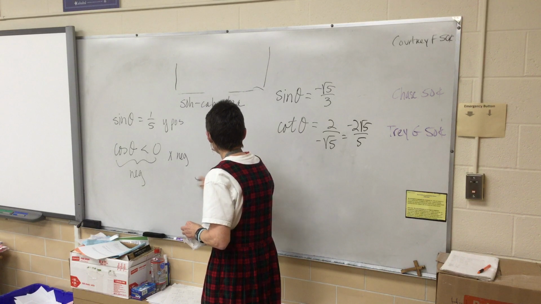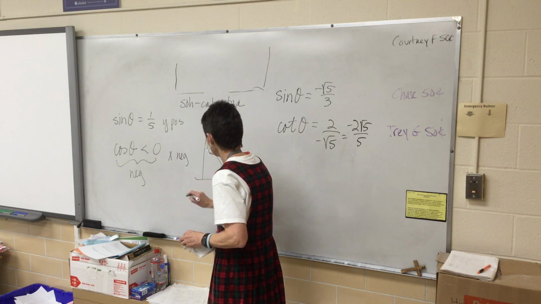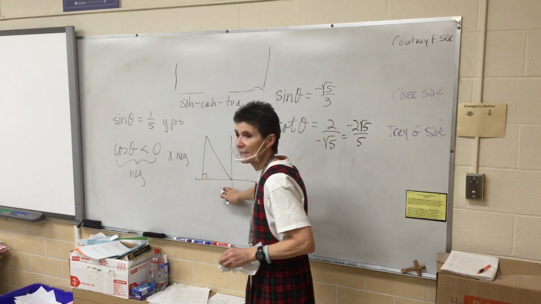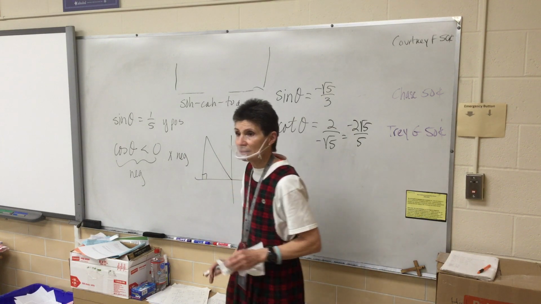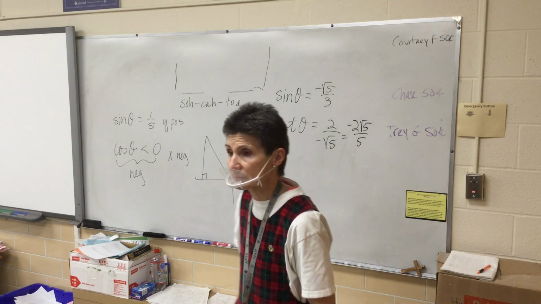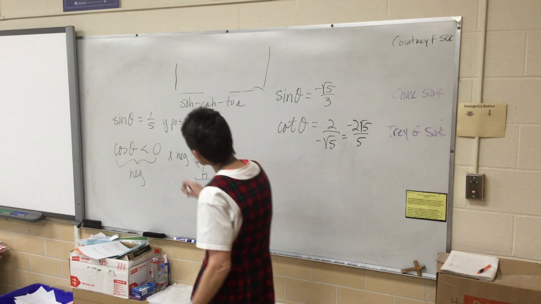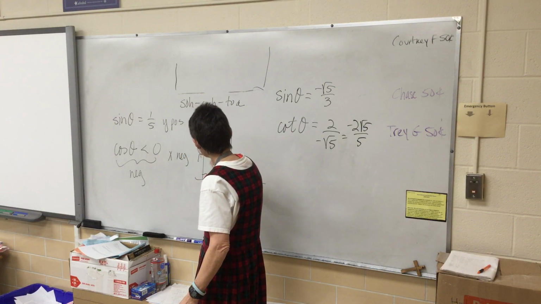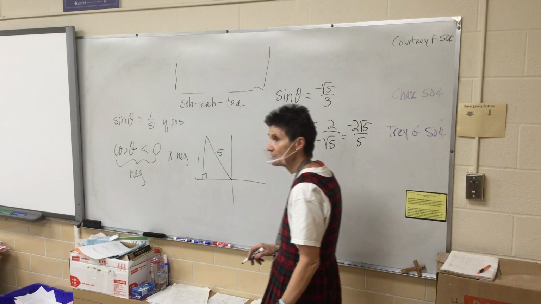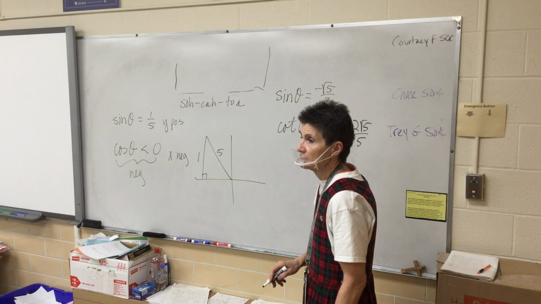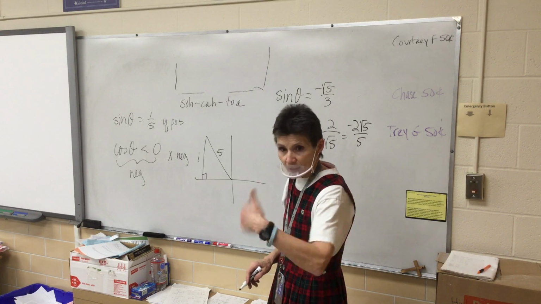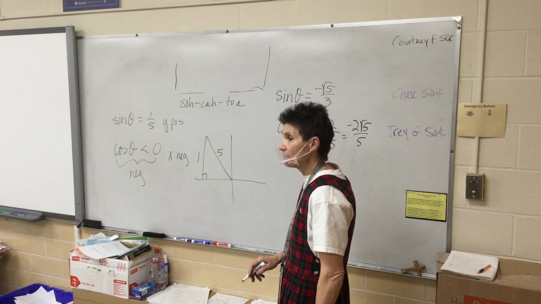Quadrant 2. Yep, right over here. This is where x is negative but y is positive. And I know that the sine is 1/5, so do those labels look okay to you? All right, let's find our missing side, doing our Pythagorean Theorem.